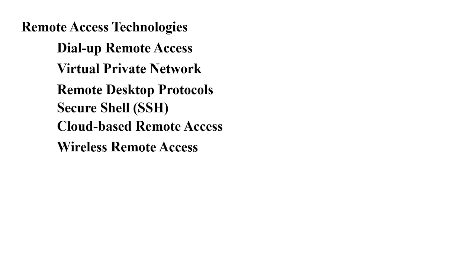What are the technologies? First and foremost, dial-up remote access. It is one of the oldest technologies and currently it is not available, that is, it is obsolete. Here they work on the basis of a phone line, that is, a telephone line, and a modem. The word modem indicates modulation and demodulation.